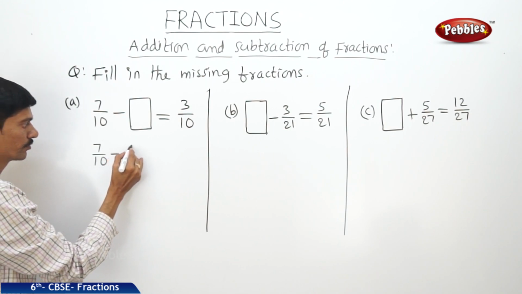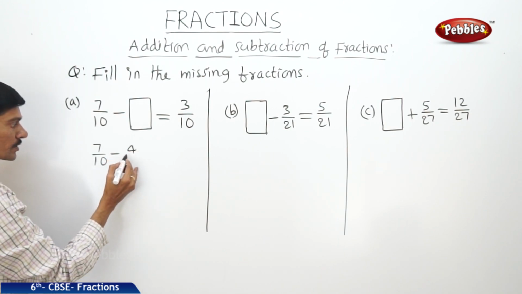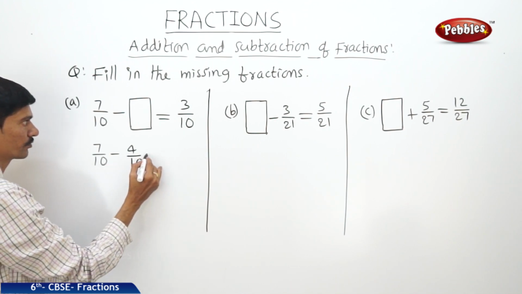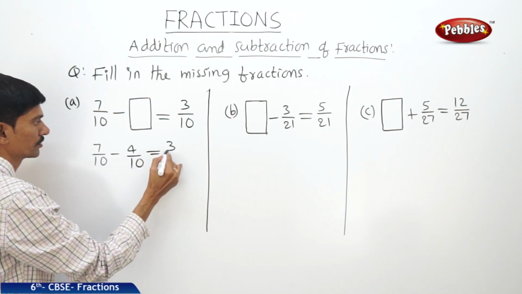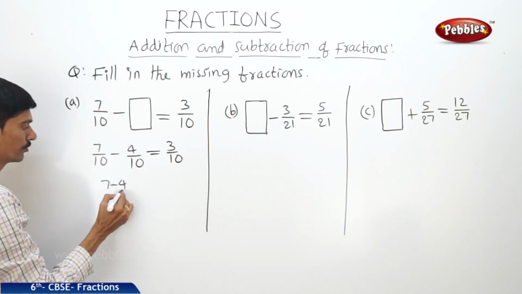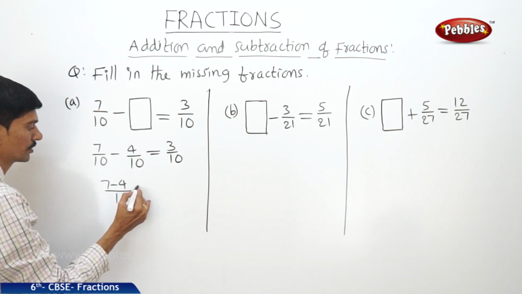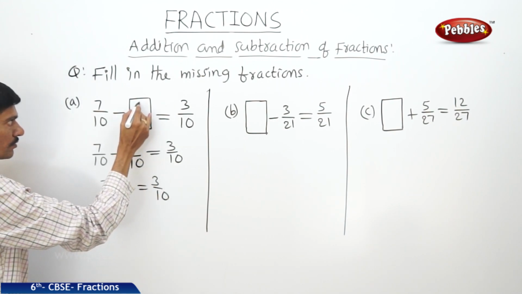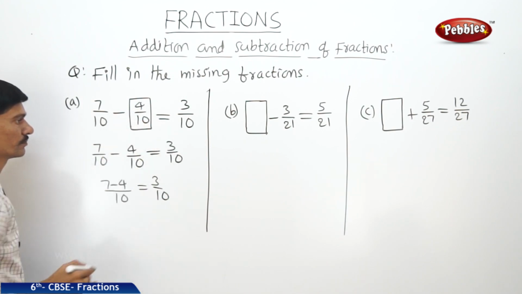So we know that 4 should be subtracted, keeping the same denominator 10. So 7 by 10 minus 4 by 10 equals 3 by 10. Or we can write 7 minus 4 by 10 equals 3 by 10. So the blank is 4 by 10.